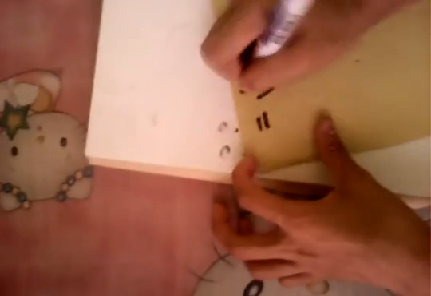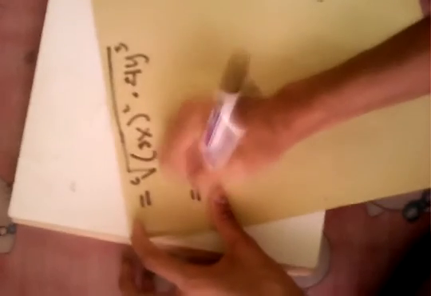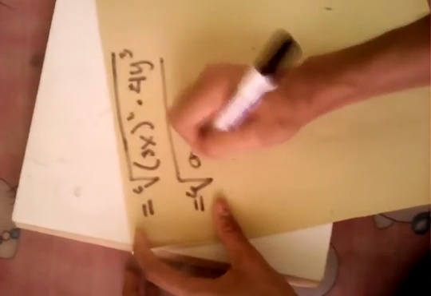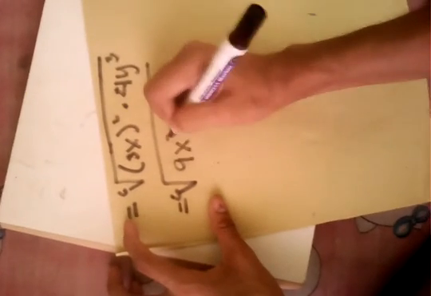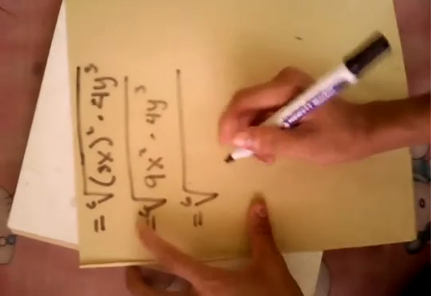So, 6th root. We'll just multiply the radicands. So, what is 3x squared? It's 9x squared. Times 4y cubed. So, simply 6, our index.